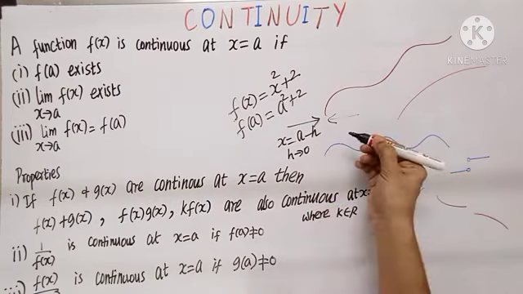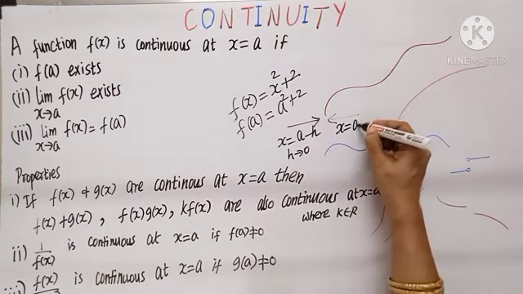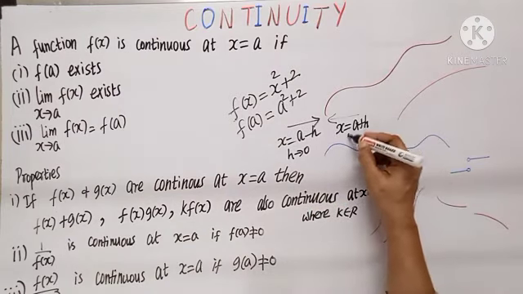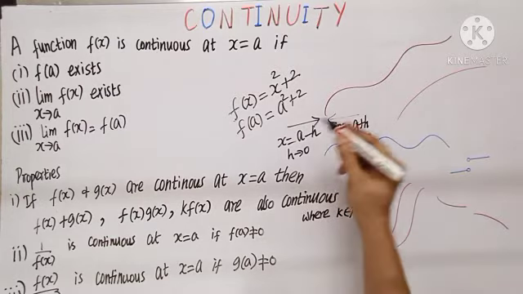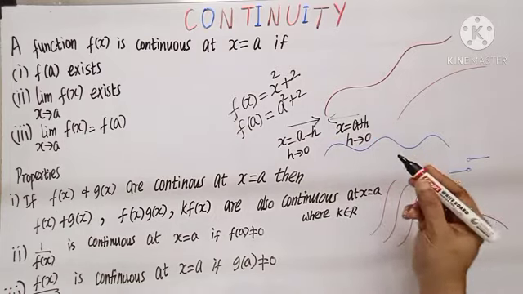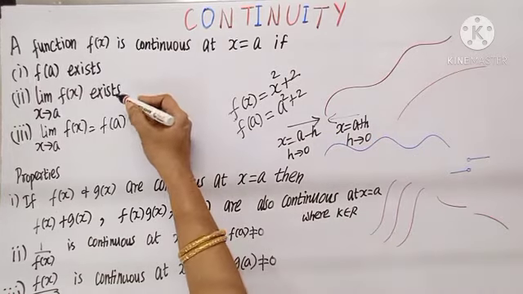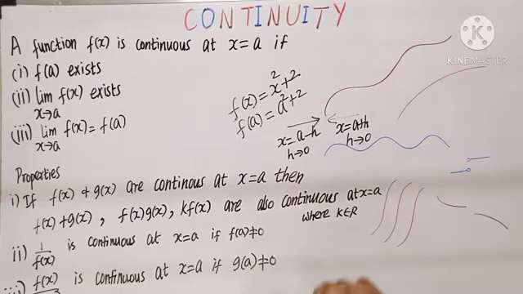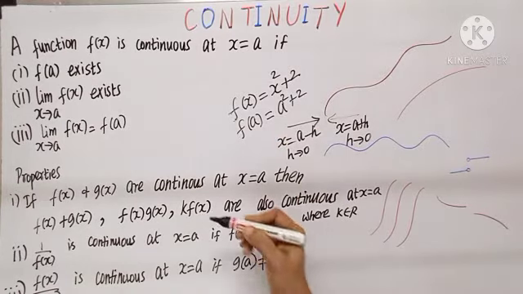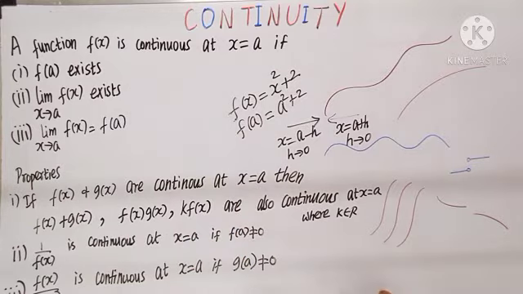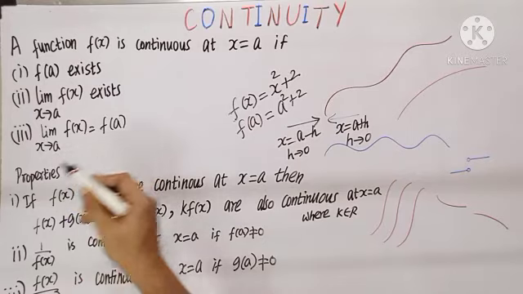For the right limit, put x equal to a plus h and take h tends to 0. Suppose left and right limits are equal. Declare the limit exists. So first condition, the function value should exist. Second condition, the limit value should exist.